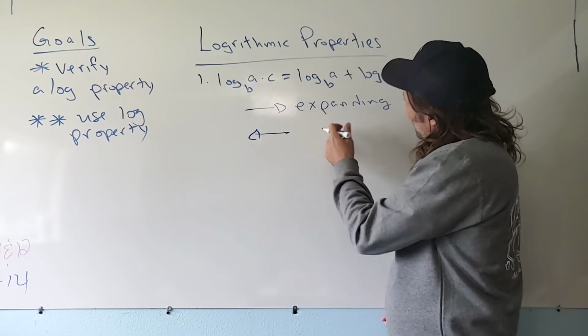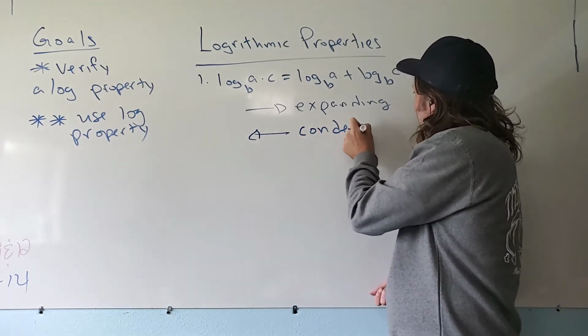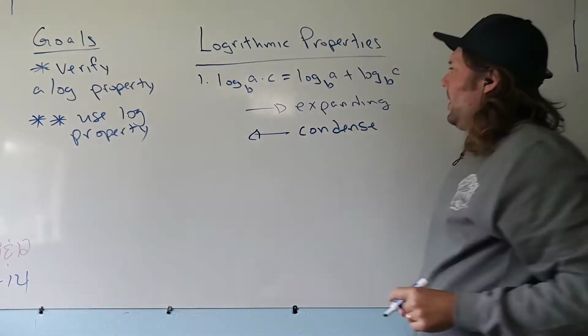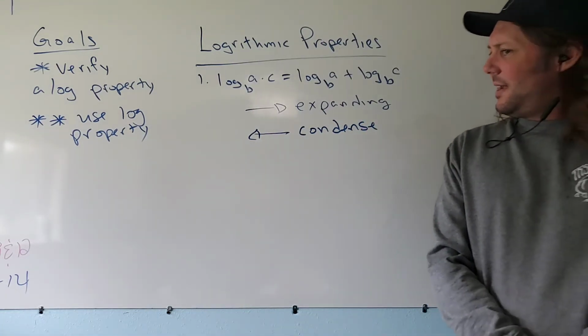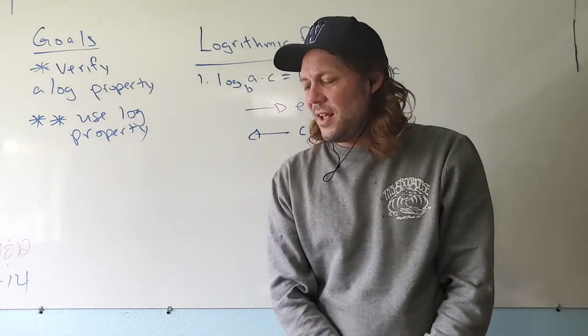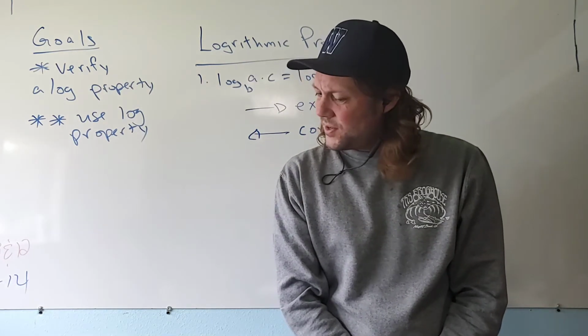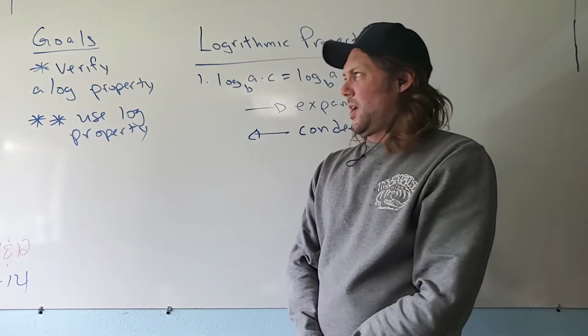And you're going to be asked today to expand and condense. It's a real simple exercise. All right. So I'm going to introduce the ingredients to this. It's a pretty simple lesson, I think.